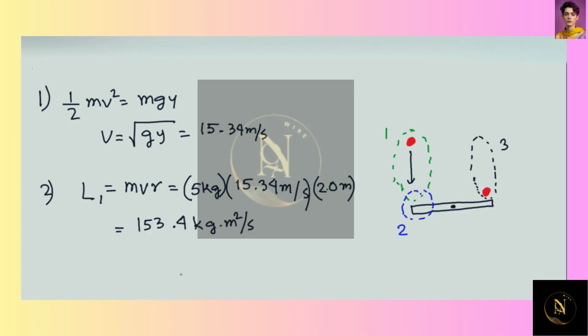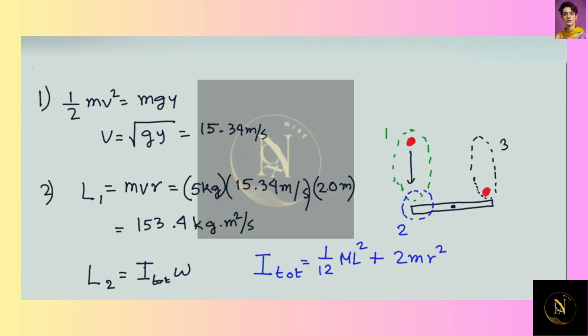And immediately after the collision, the bar and both of the balls are rotating together. So after collision, L2 will simply be I total times omega, since they're all rotating together. And I total is the moment of inertia of the bar, which is 1 over 12 ml squared, where L is the length of the bar, plus twice mr squared, where mr squared is the individual moment of inertia for each ball.